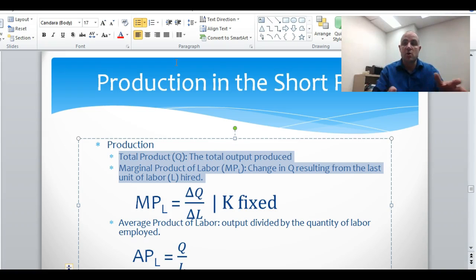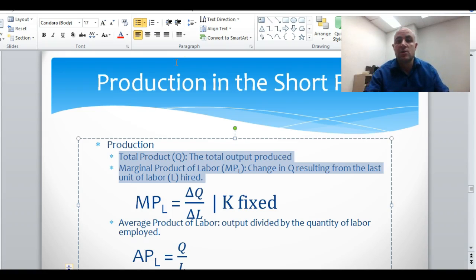When we talk about marginal, which we talk about a lot throughout the course, marginal is the additional amount of X over the additional amount of Y. So it's the additional output from an additional unit of labor.